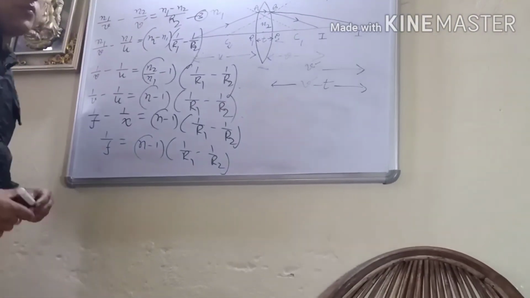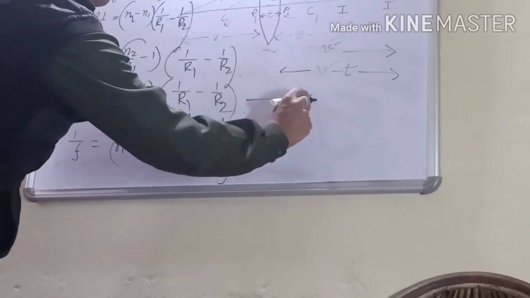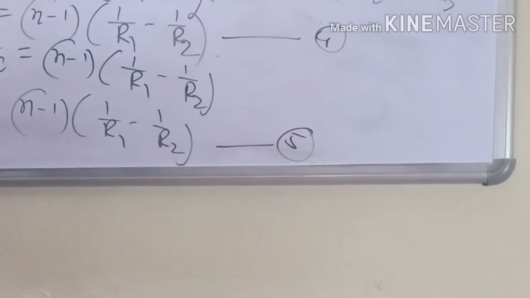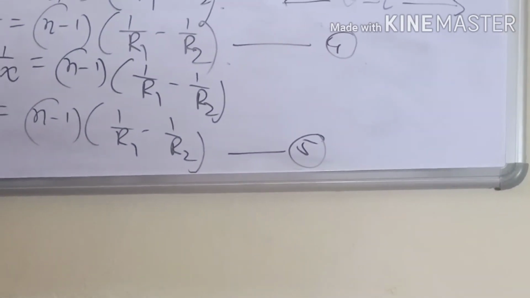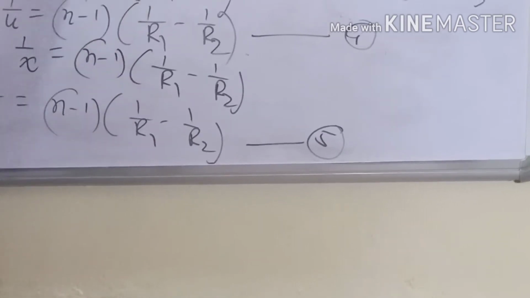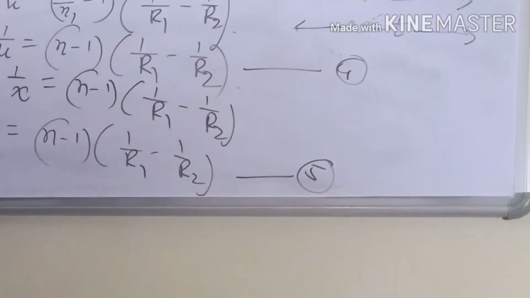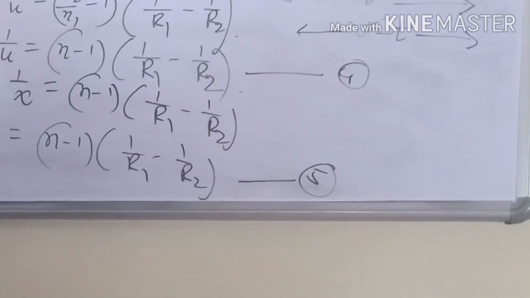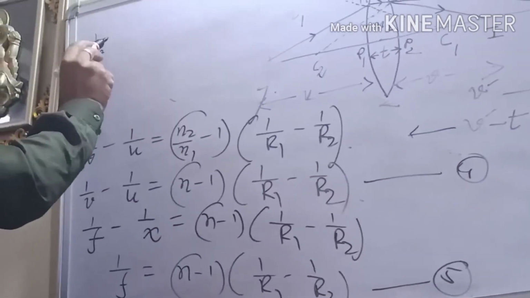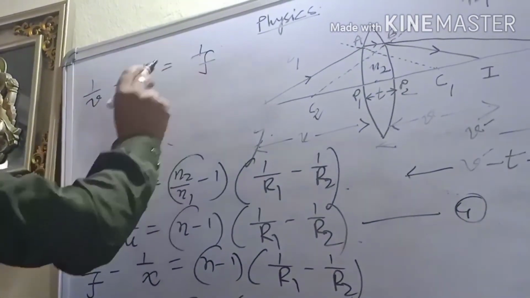What you need to do is we need to compare now. So if you mark this equation as equation number 4 and this one as equation number 5, then these two equations if you compare, then what do you get? After comparing number 4 with number 5, we can get 1 upon v minus 1 upon u is equal to 1 upon f.